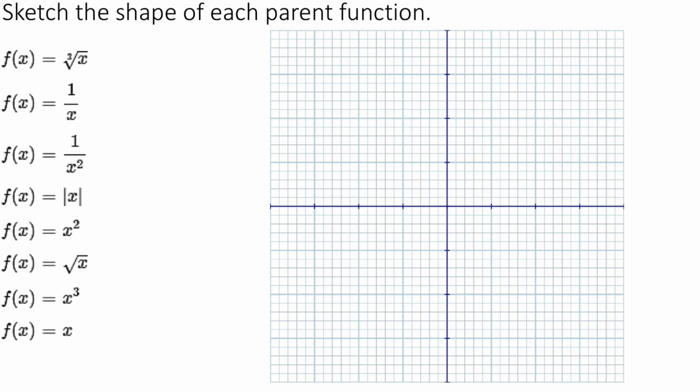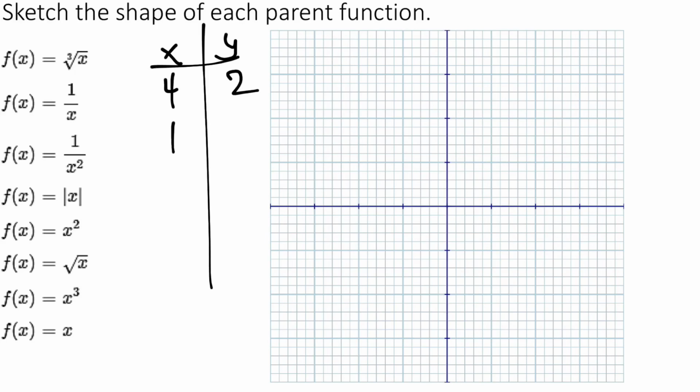All right, so now we've got f of x is equal to the square root of x. So let's get a couple points. So we need to take the square root. So if x is 4, square root of 4 is 2. If x is 1, the square root of 1 is 1. If x is 0, the square root of 0 is 0.